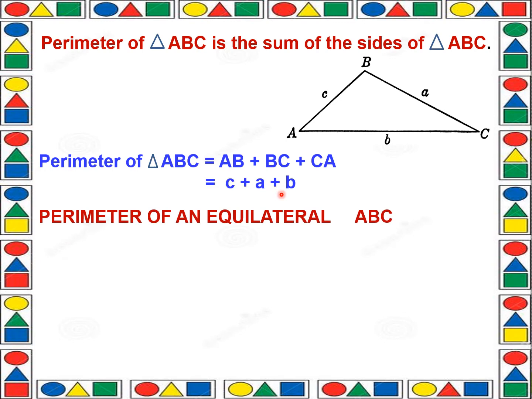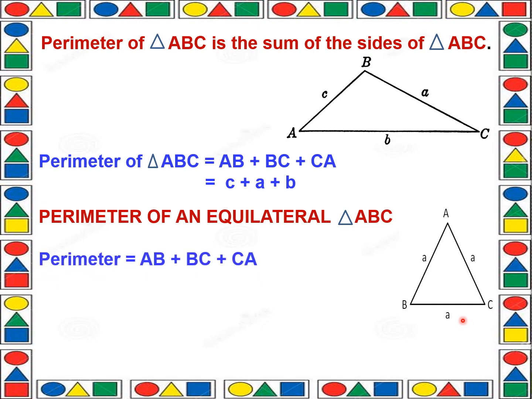Now the perimeter of an equilateral triangle, where all sides are equal. If AB equals 3 centimeters, then AC equals 3 centimeters and BC is also 3 centimeters. The perimeter equals the sum of the sides: AB plus BC plus CA, so a plus a plus a, we get 3a.